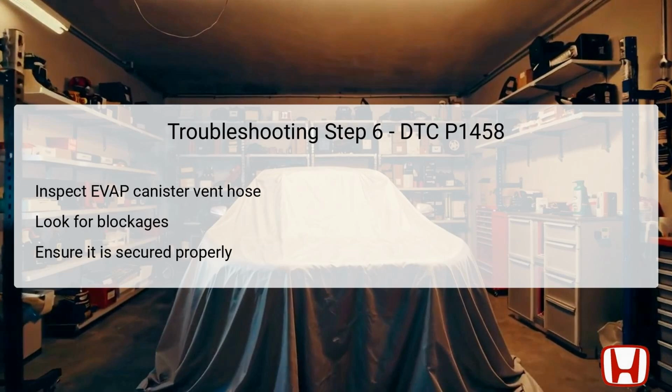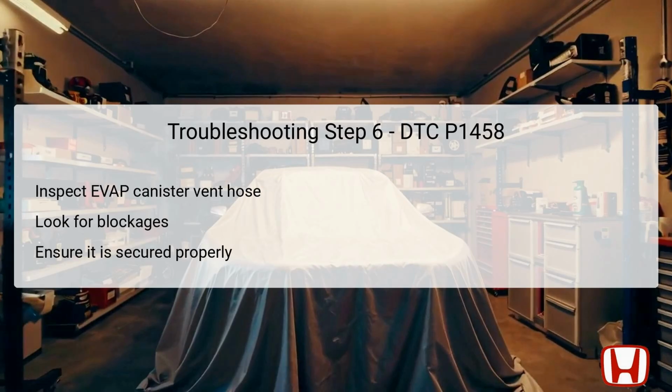The final step in the troubleshooting process is to inspect the evap canister vent hose. With the vent hose disconnected, technicians should check for any blockages or restrictions that might affect emissions and pressure management. Ensuring there is no immediate vulnerability within the hose reinforces the integrity of the evap system.